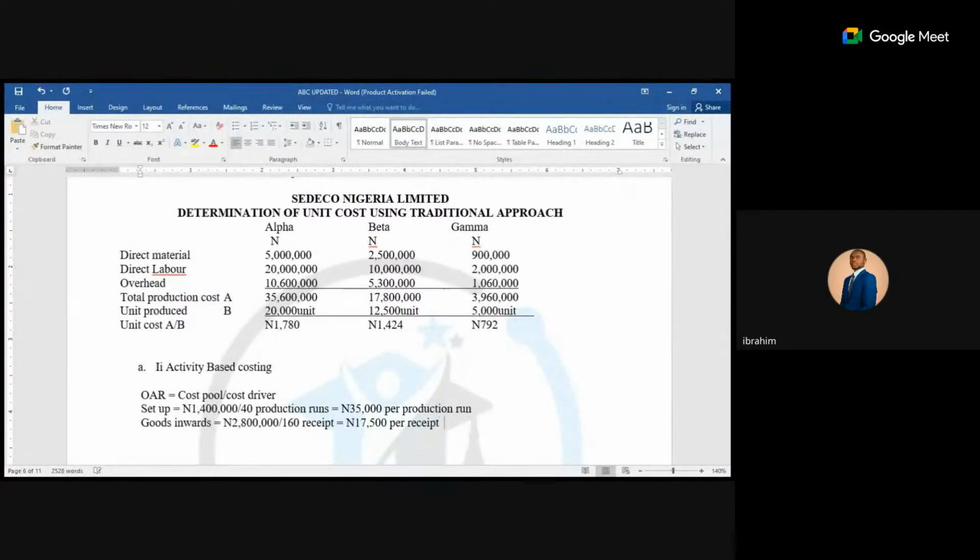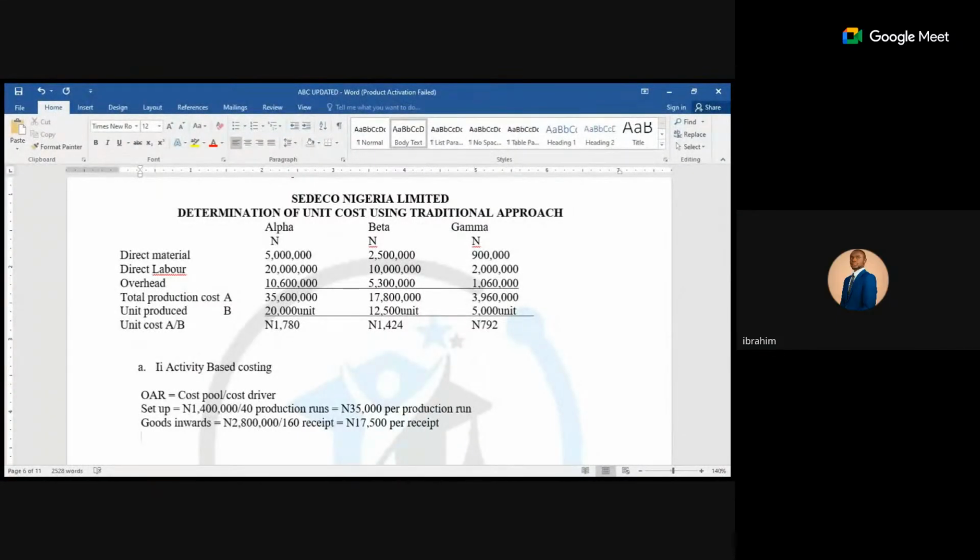Meaning that one receipt will be 17,500. One component receipt is 17,500. Imagine they want to do component receipt of 5 or 10. It will be 17,500 times the 10.